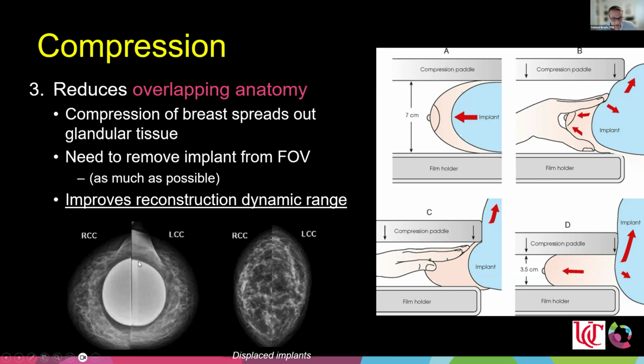And so when you have a structure like an implant in here that is also very attenuating, you can see that the dynamic range of the breast tissue itself is very poor. It's largely one color. Whereas in this example, where they were able to manipulate and move the breast implant out of the field of view and acquire the image again, here you can see a lot better visualization of the breast tissue itself. So reducing overlapping anatomy improves the ability to see subtle levels of gray in the image.